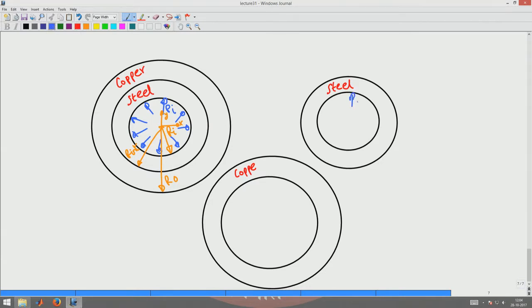You know that there is PI acting here, there is PI acting there, and you expose the interfacial radial stress, P interface, acting like that.